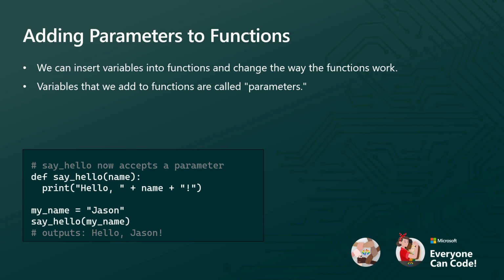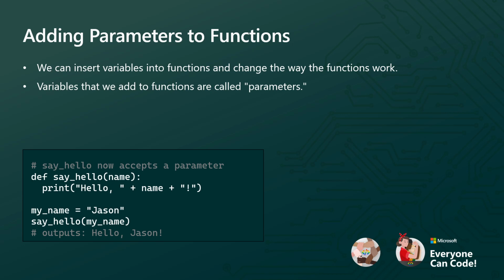Now we can also take those two concepts and put them together. We can insert variables into our functions to change the way our functions work. Variables that we add to functions in computer science lingo are called parameters. So let's say we wanted a function called say hello that will say hello to whatever name we give to the function.